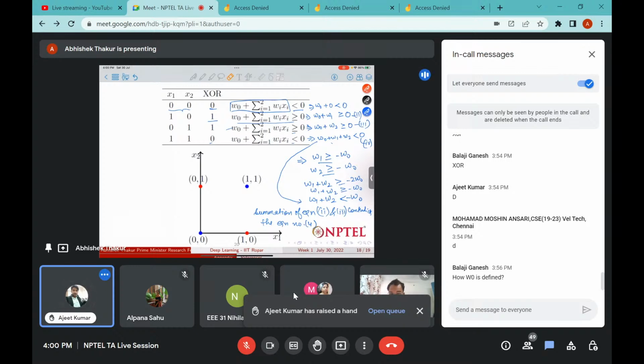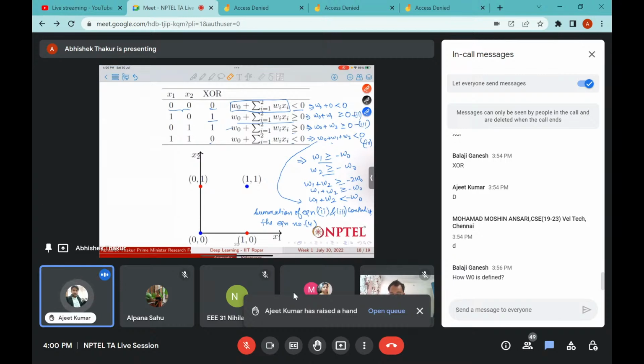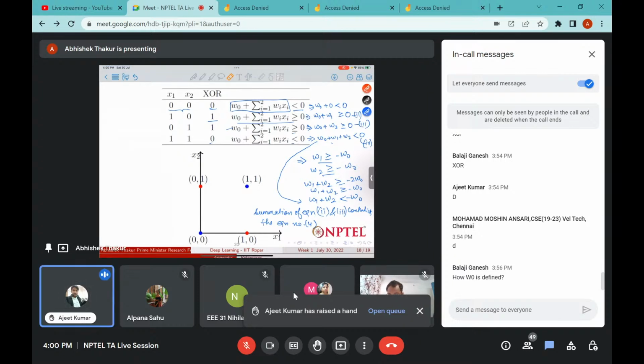Yes, yes. So we require to learn these weights also, because for important inputs, the weight assigned will be more than for the less important inputs. Accordingly, the decision will be taken. Okay.